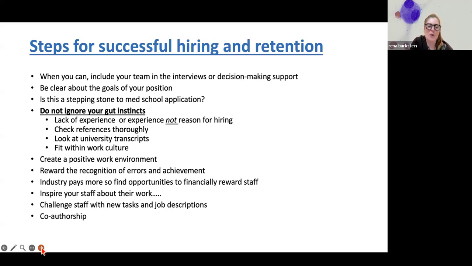If you want to keep them, you want to create a positive work environment. So that involves, number one, not penalizing them for mistakes, and actually appreciating when they do report errors that they've made, because that means they're being honest. And also rewarding them for achievements that they've made.